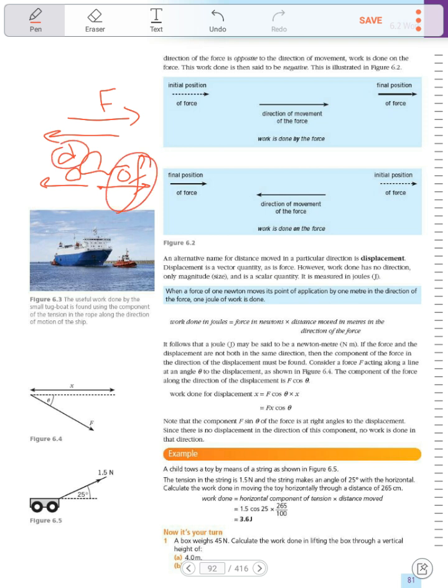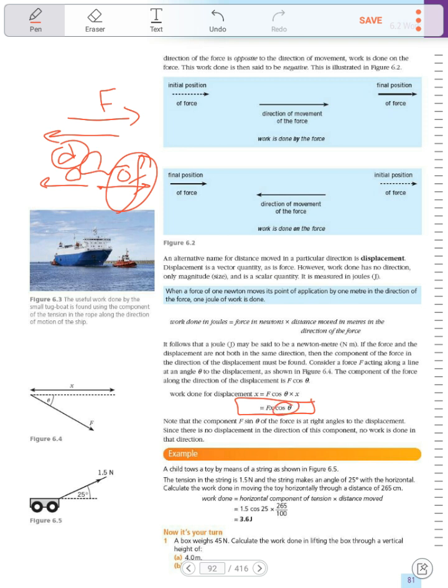Also we have a work, but it has a negative sign because the force and the distance are in opposite directions.